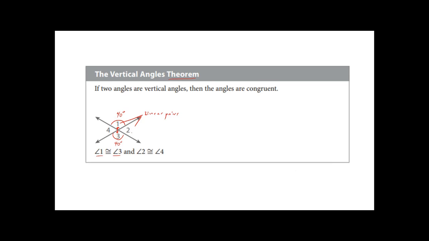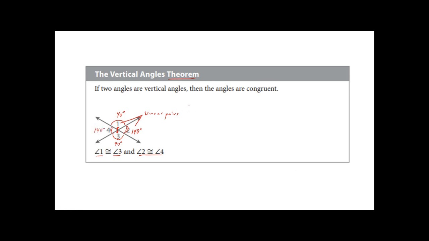Angle 2, well, what's 180 minus 40? That'll get you the other linear pair. Now, if angle 2 is 140 degrees, then because of the theorem, which says that angle 2 is congruent to angle 4, angle 4 has to be 140 degrees.